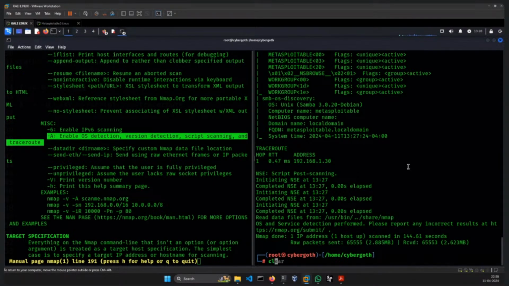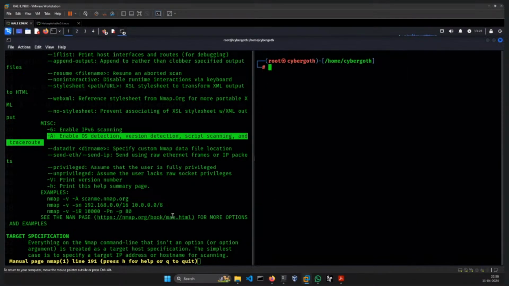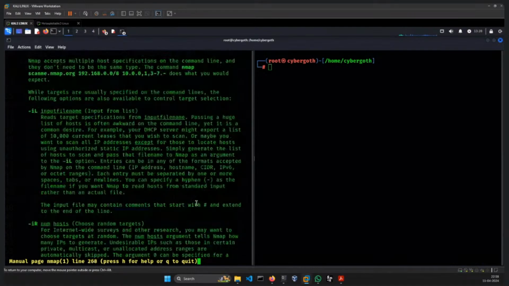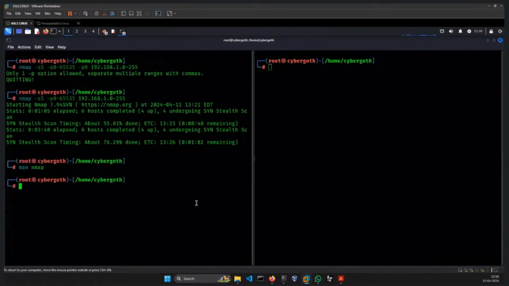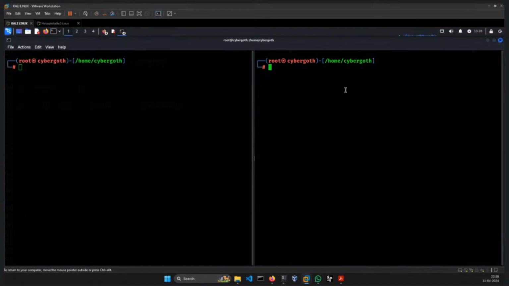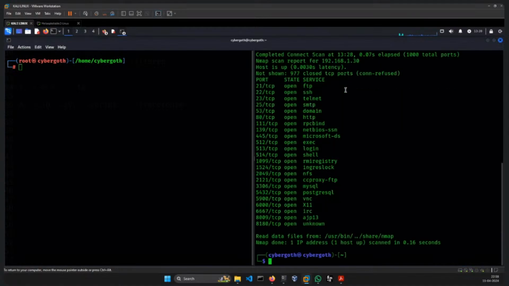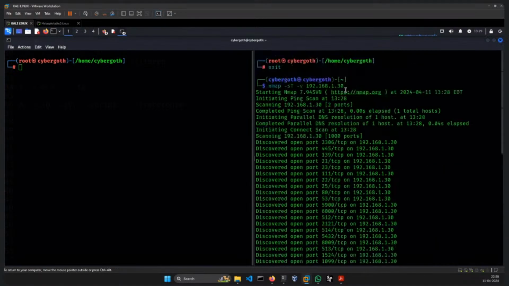You might know that Nmap usually requires root permission. But there is one scan you can perform without root permission, that is nmap -sT -v 192.1.30. This one you can run without root permission.